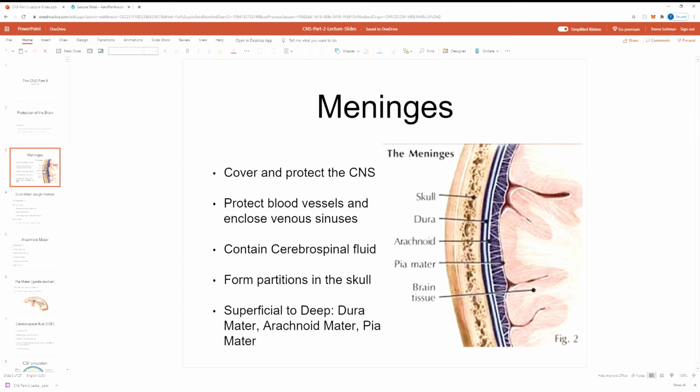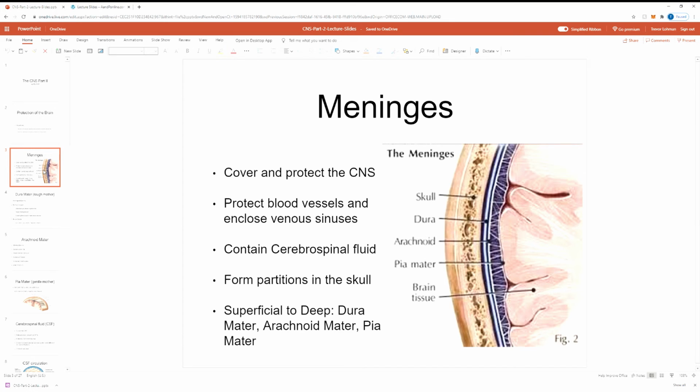They all cover and protect the CNS. You'll find blood vessels between them, within them, as well as venous sinuses, specifically in the Dura Mater, and we'll explain what that is as well. They contain the fluid that your central nervous system is suspended in. They also form partitions in the skull to help compartmentalize the brain.